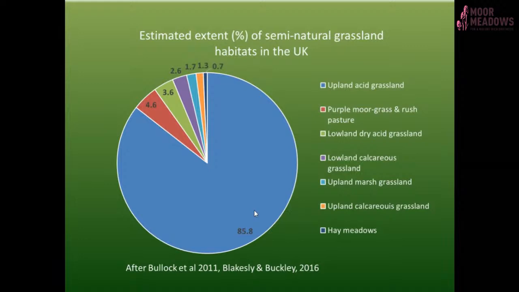They really are rare. They are sort of the red-listed habitats of the UK. And you can see, again, very small amounts of things like lowland calcareous grassland or upland calcareous grassland as well. So this is a sobering picture of really how precious hay meadows are within our landscape.